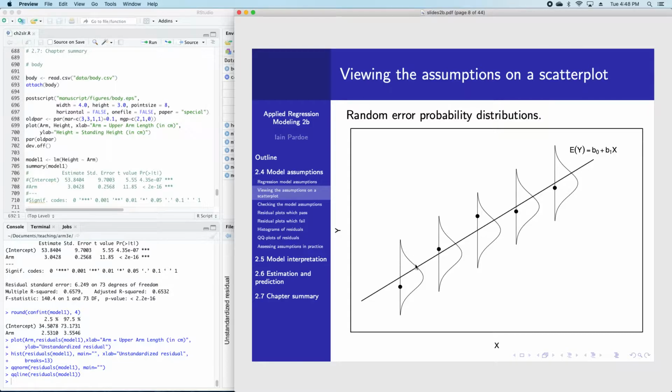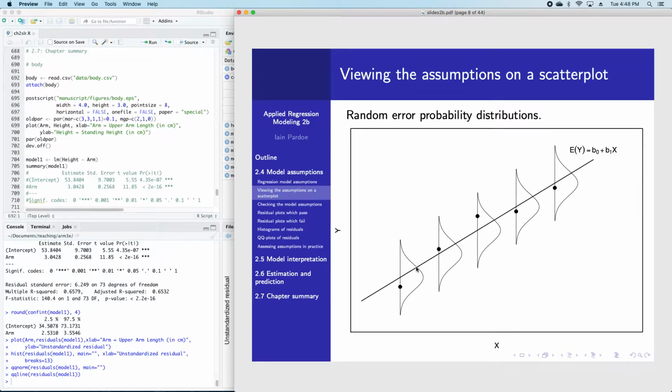Remember, this normal distribution is centered at 0. That was one of the assumptions. And it's normal, so it's got a bell curve. If we look at each one of these, they're all centered on the point on the regression line. So that's the most likely value for the error, right in the middle of the distribution, which is where the error is 0. If the error was 0, the observed y value would be right on the regression line.